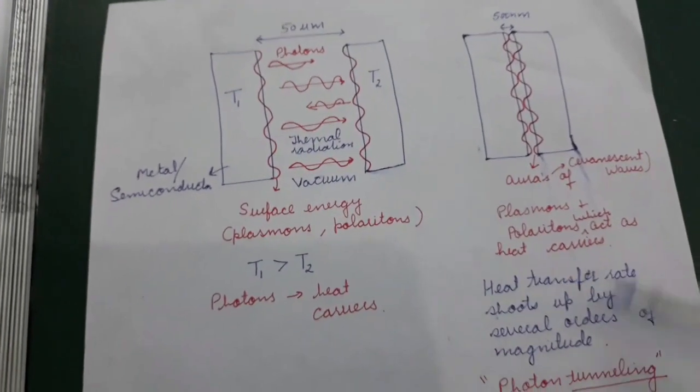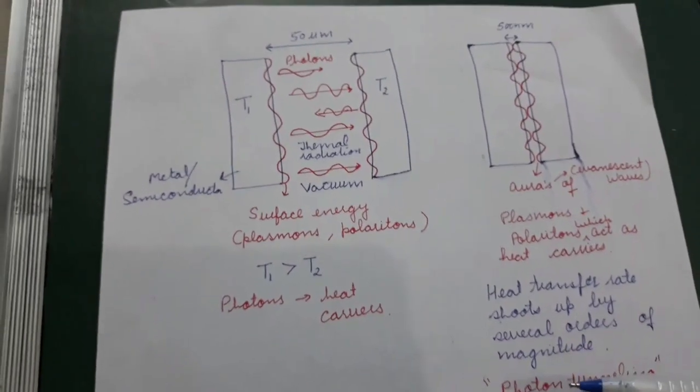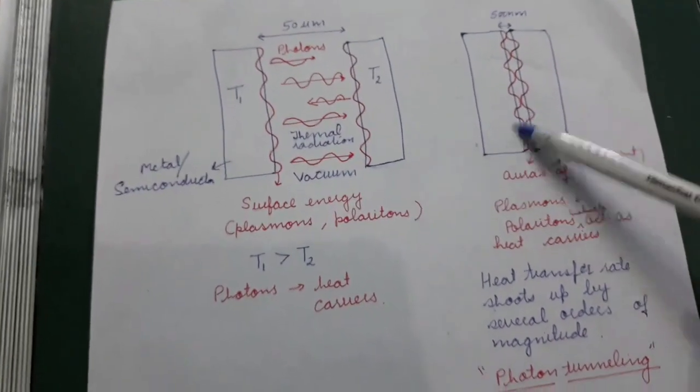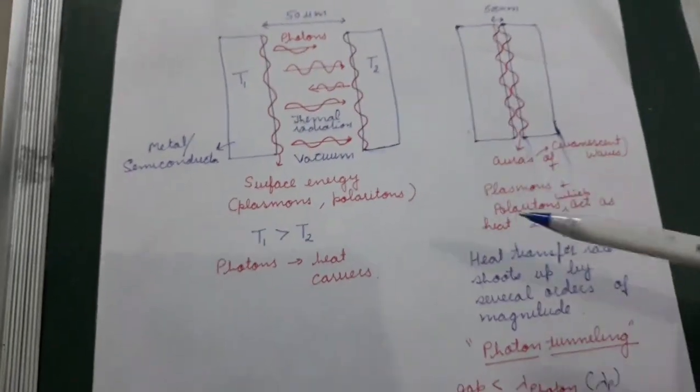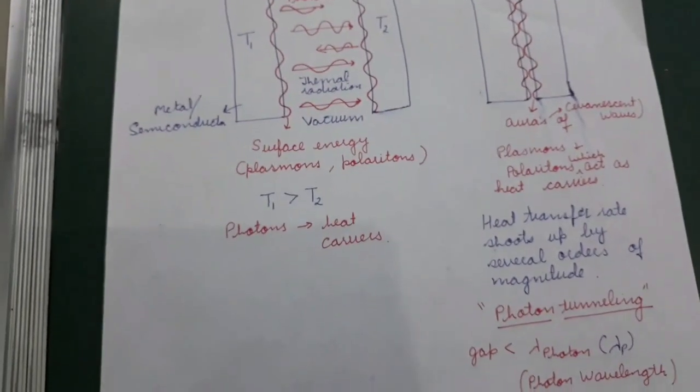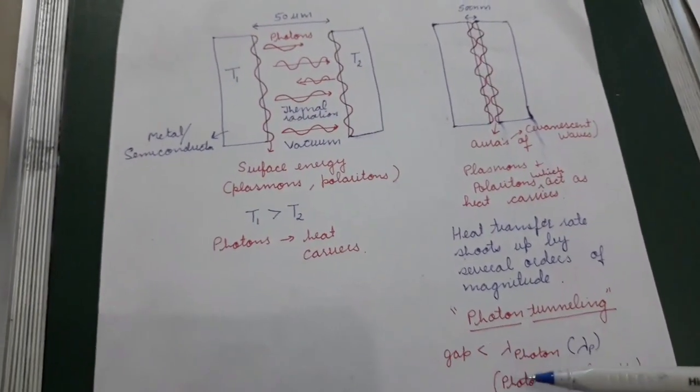The heat transfer rate will shoot up by several orders of magnitude when this condition is satisfied. This kind of conduction is called photon tunneling, and it will only happen if the width of the gap is less than the wavelength of the photon.